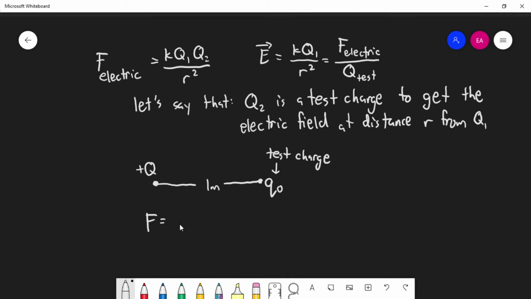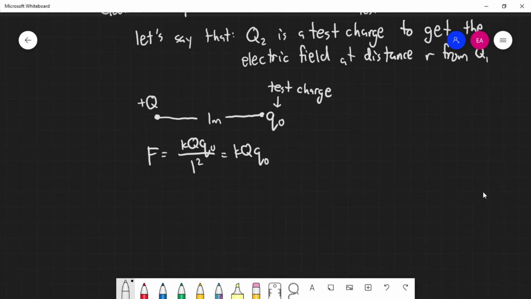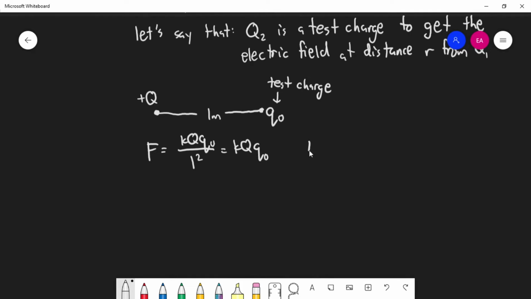Now we have here F is equal to KQ Q null over 1 squared, which is just equal to KQ Q null. Now the electric field passing through that charge is equal to F electric over Q null.